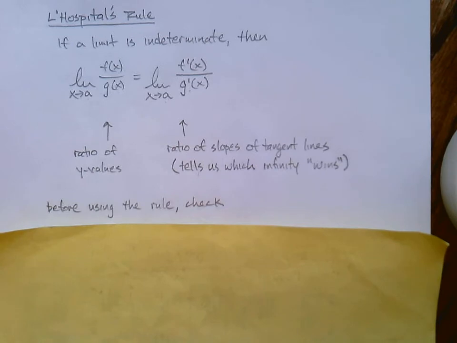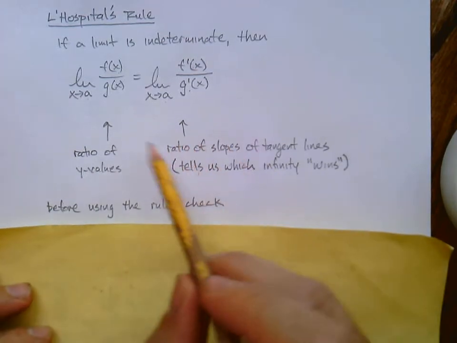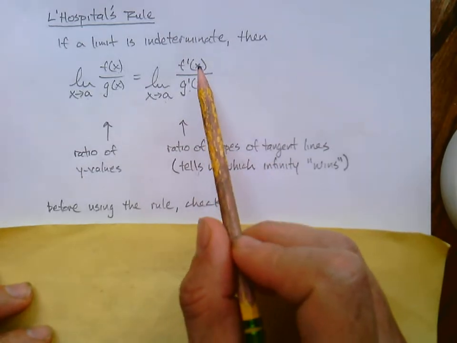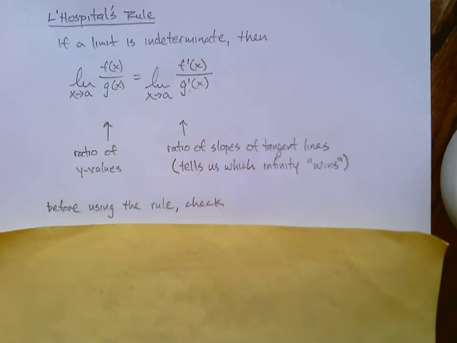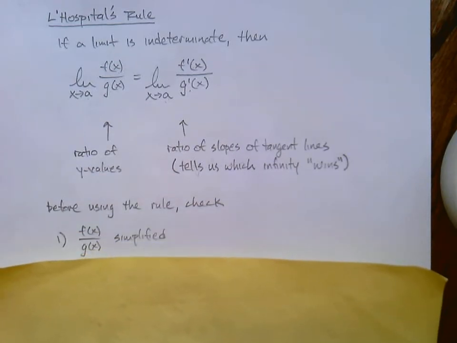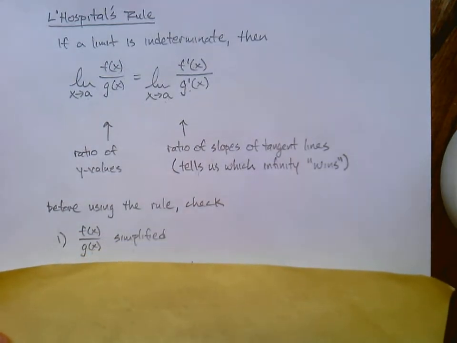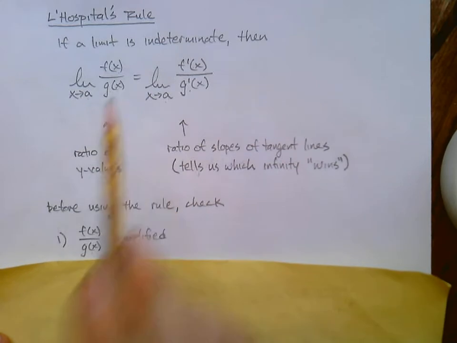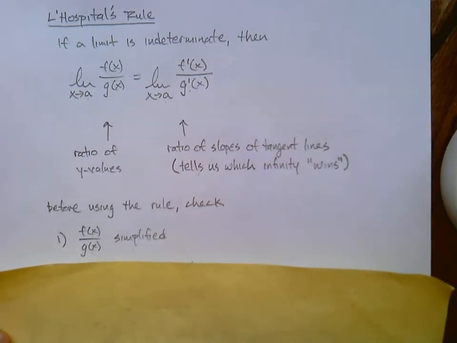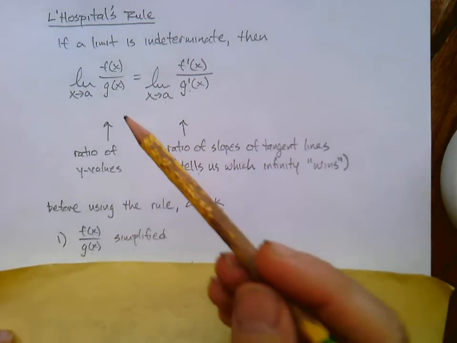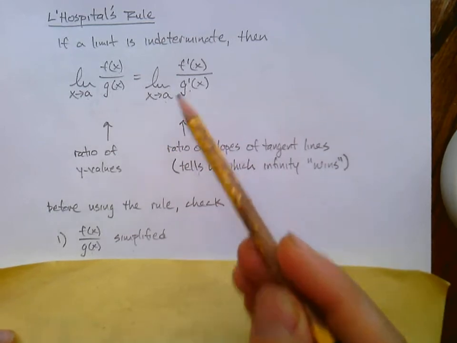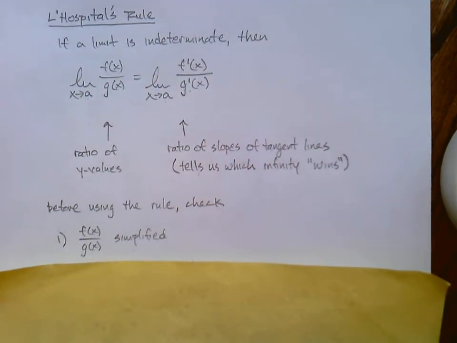There's only specific times where we can use L'Hopital's rule, and we can fall back on comparing the rates of change. Before using the rule, first check, is your original ratio simplified? If it's not simplified, performing L'Hopital's rule could be deceiving and could very well lead you to the wrong answer. So make sure it's simplified.